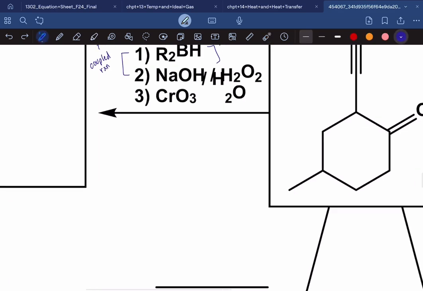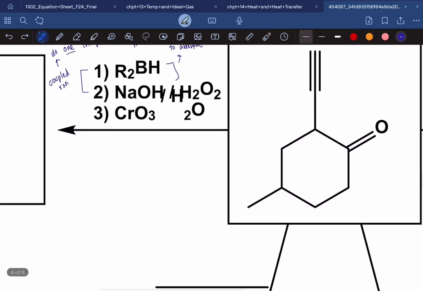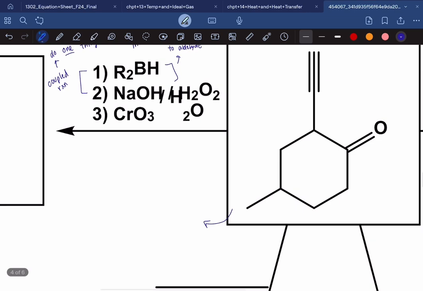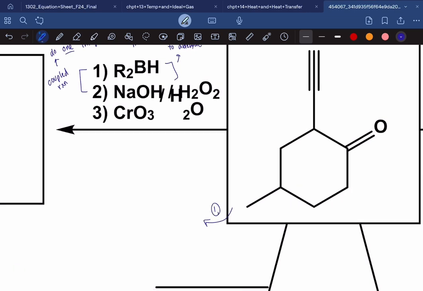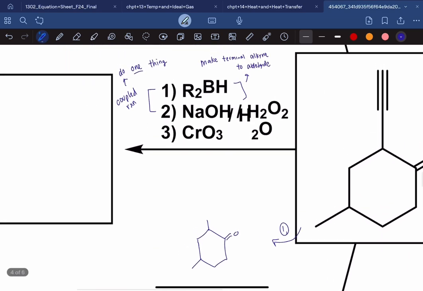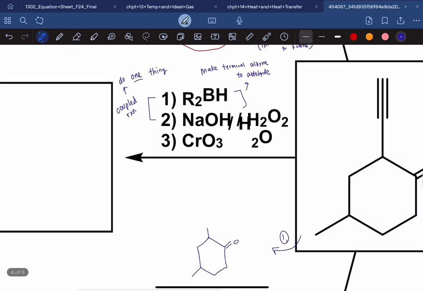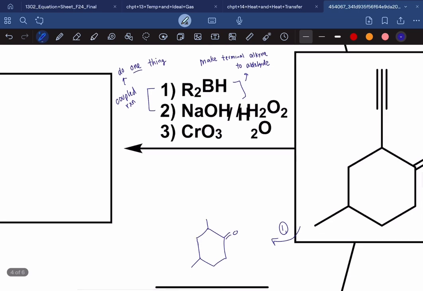So let's draw that out, right? So step 1. And on your test, by the way, you don't have to draw out all these steps, but it's very, very safe to do so you don't mess up somewhere and make a silly mistake. So it doesn't mess with the O or the alkane part, those 2 pieces, but it does make this, how would I show this to you? This carbon would stay, this carbon would stay, right?